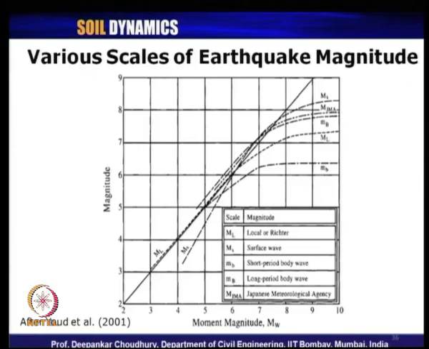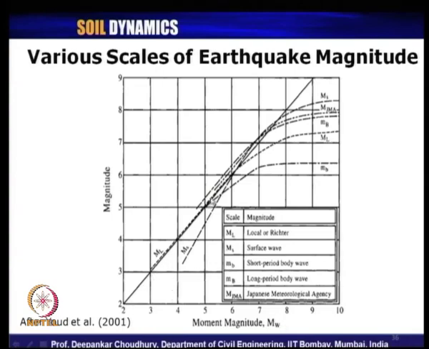Now, as we have talked about the moment magnitude scale of earthquake, let us see if you have been given some other scale of earthquake magnitude, how to convert it to moment magnitude scale. So, this is the relationship given between various earthquake magnitudes versus the moment magnitude MW.